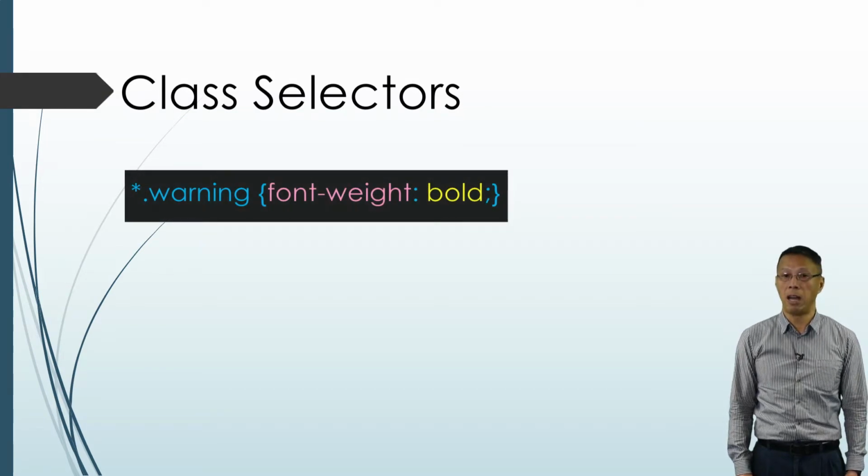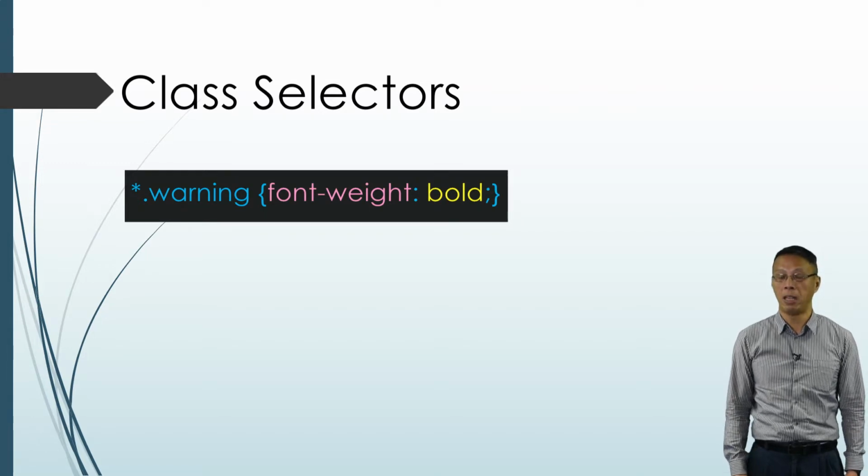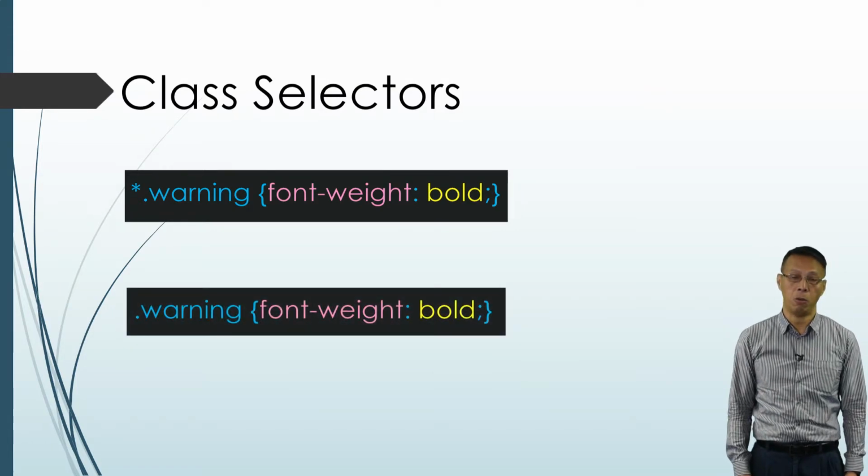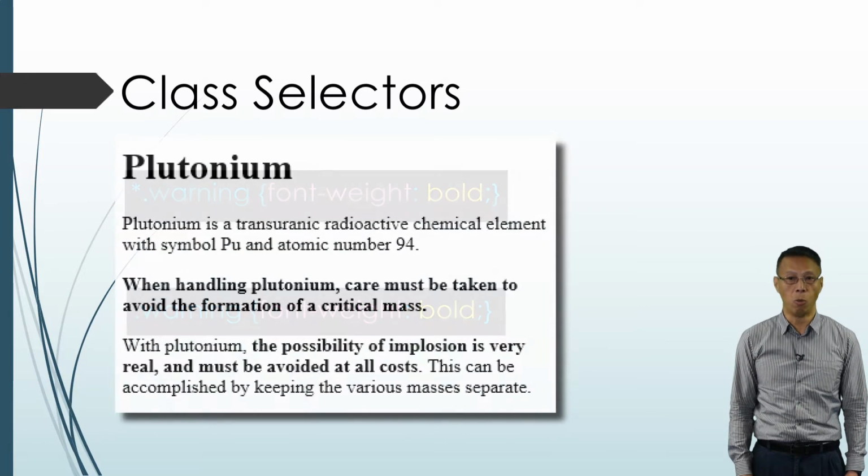And star means everything, a wildcard to represent all selectors with the class equal to warning. Now, in order to cut short, we can remove the star also. We can say dot warning and specify the font weight equal to bold.